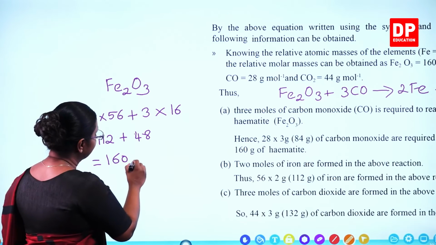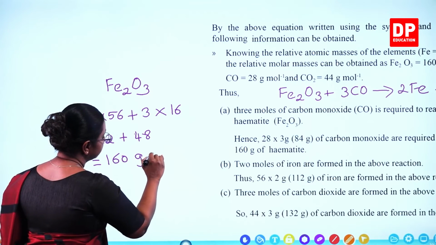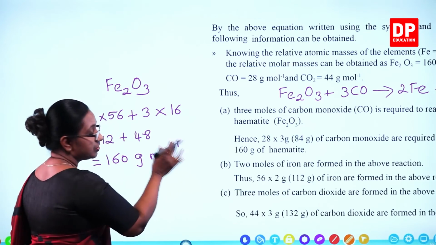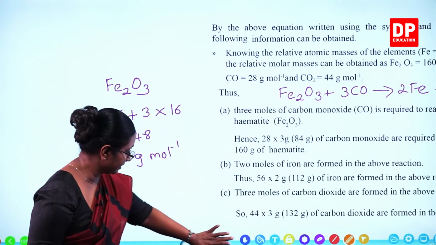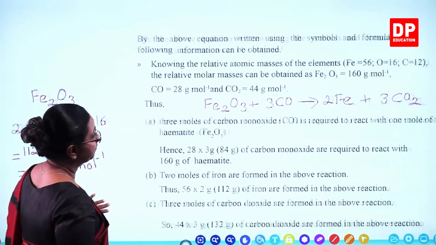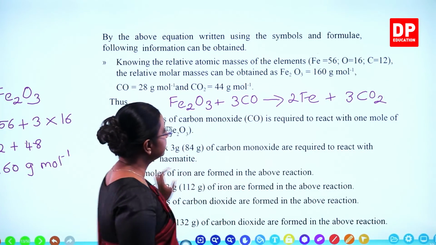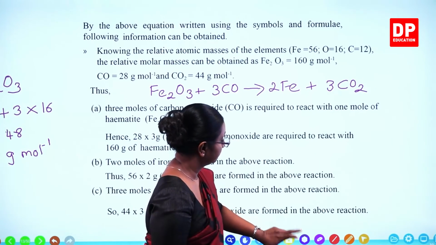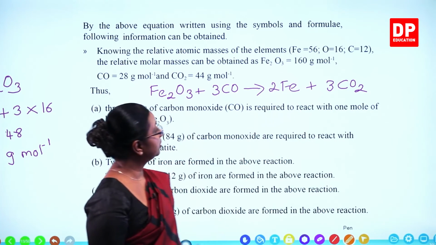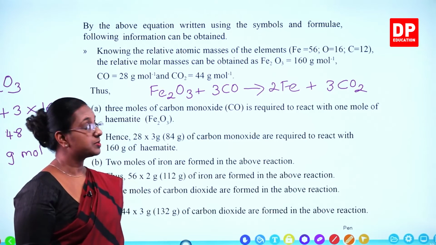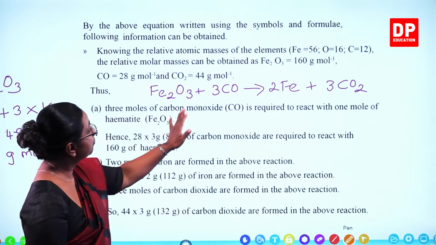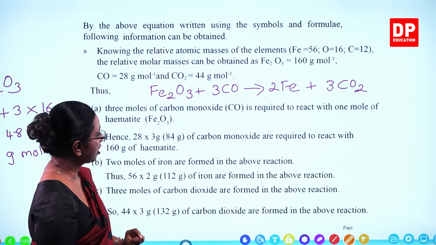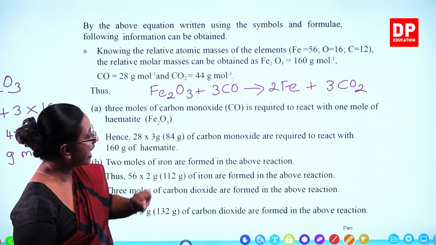If it is molar mass, the unit is grams per mole. We have discussed this in one of the previous lessons, so you all know that. That is how we get Fe2O3 equals 160 grams per mole.